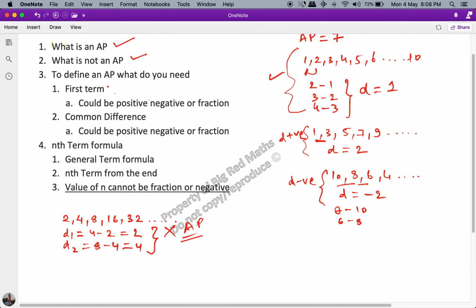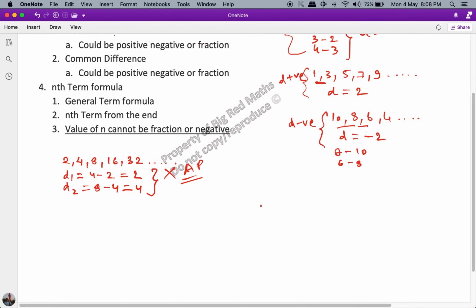Or if I write a series wherein the terms are like, say, 1, 3, 6, then let's say the next term be 10, then 15.